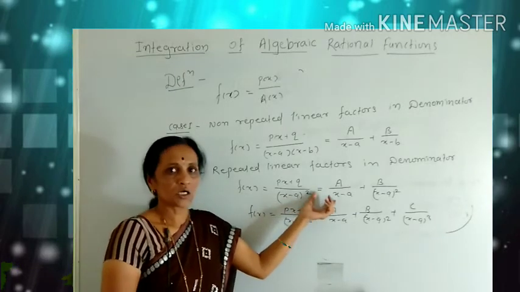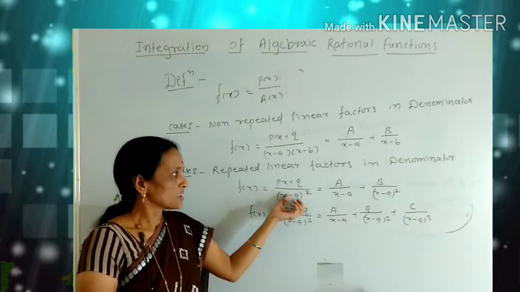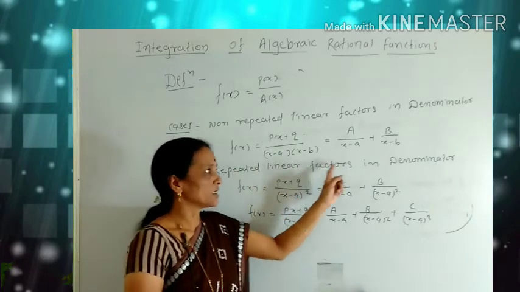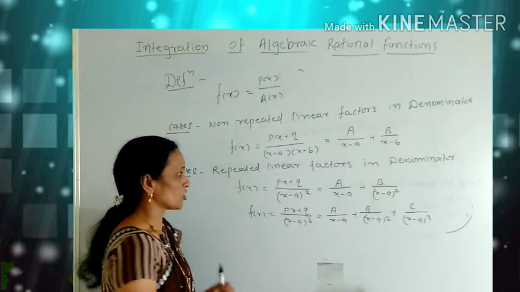This is the decomposition of partial fractions in the case of repeated linear factors in the denominator.